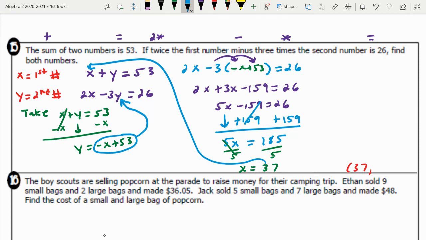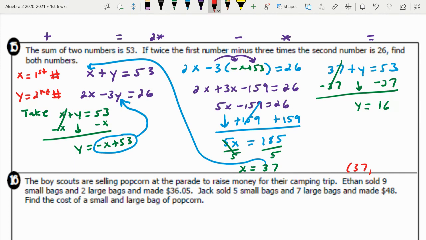We're going to have basically 37 plus y equals 53. And all we got to do is solve for y. So we'll just subtract 37 on both sides. Then we're going to bring down this y. And then 53 minus 37 is 16. And that'll be our answer right there. Okay, and then let's look at our next problem.